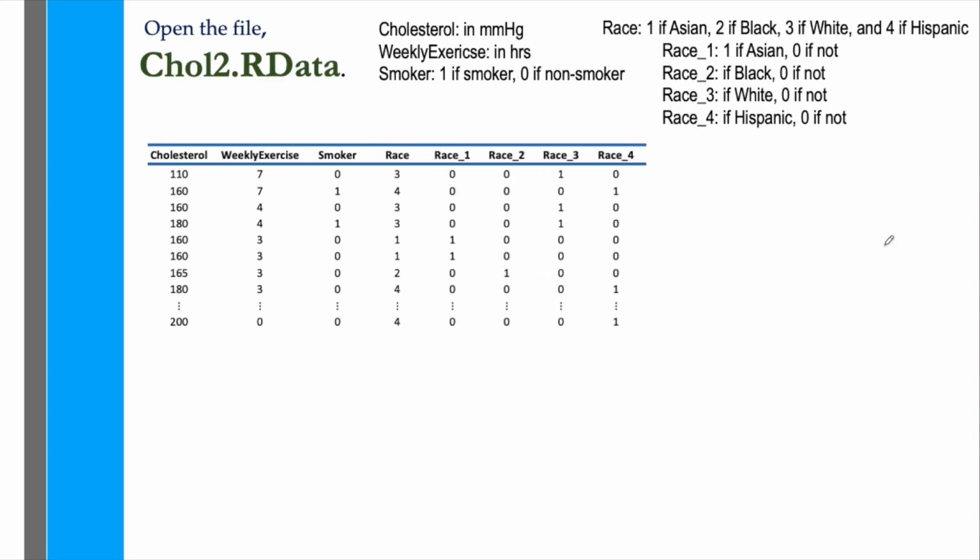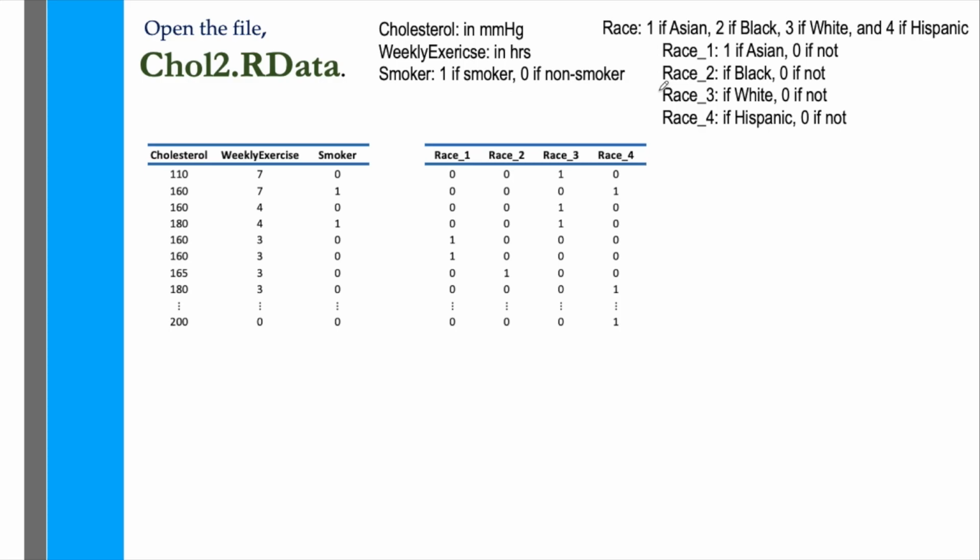Now, can we already proceed with a linear regression model out of this? Almost. But remember, since we already separated the race according to possible categories, we're not going to consider race anymore. So we're going to deal only with race 1, race 2, race 3, and race 4.